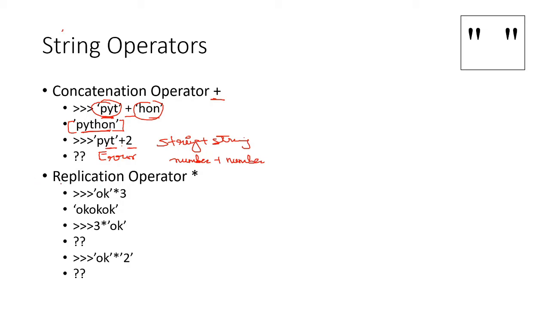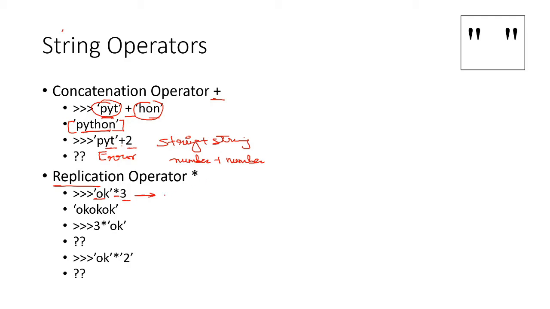The next operator is the replication operator. As the name suggests, it replicates a string. So when you're using a string in single quotes, let's say it contains OK, star is the replication operator. Next, there is an integer which specifies how many times this string is going to be replicated or duplicated.